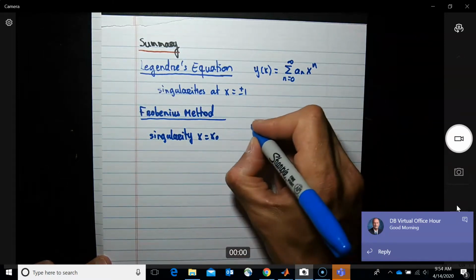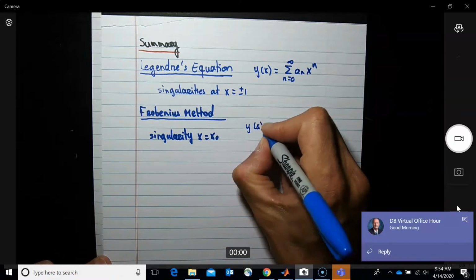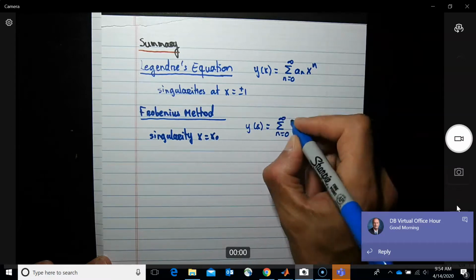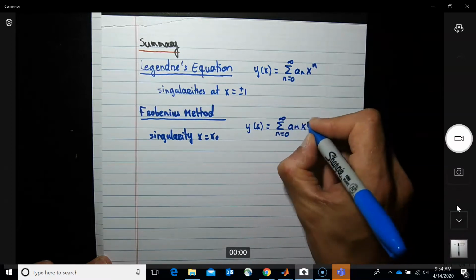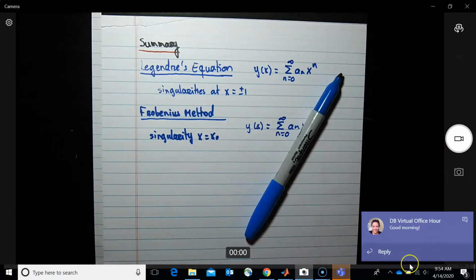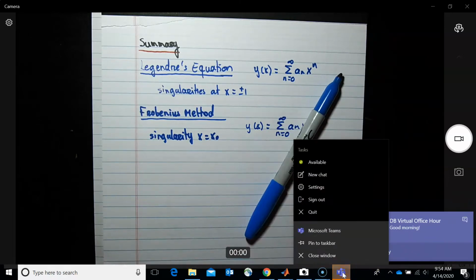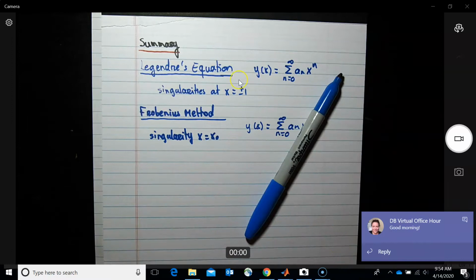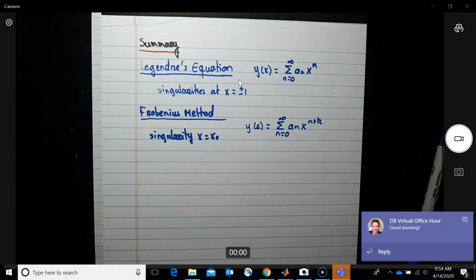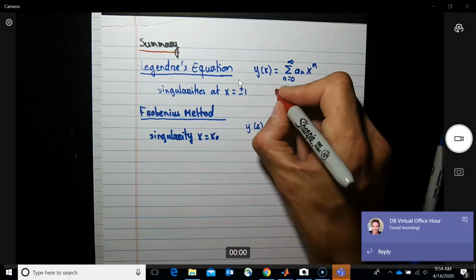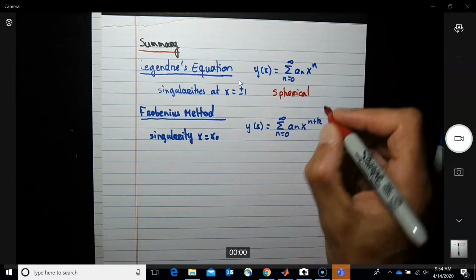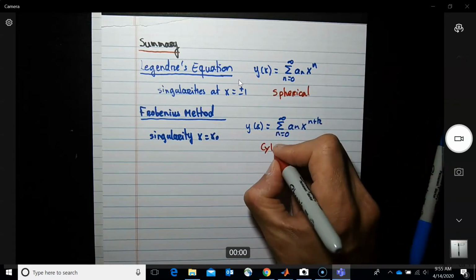In that case, we take as a solution y of x equal to the summation from n equal to 0 to infinity of a sub n x to the n plus k. So that is the biggest difference: the Legendre equation has singularities at plus 1 and minus 1, and is for spherical problems, and this one generally is for cylindrical problems.